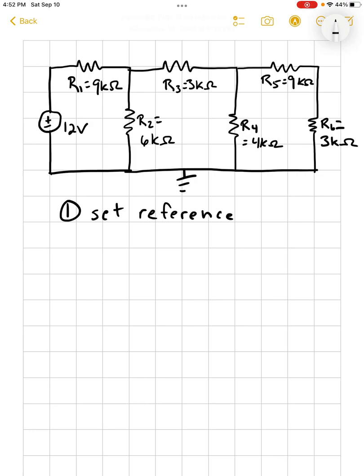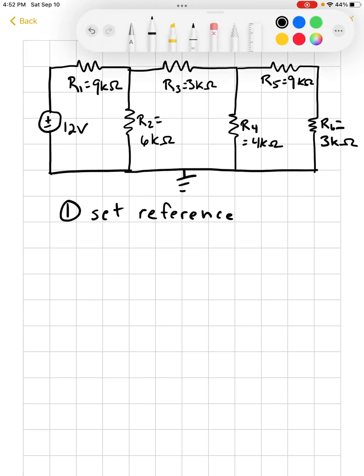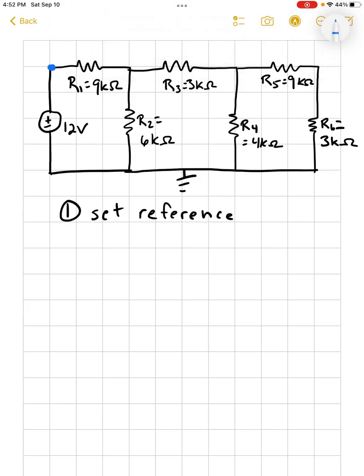Now I'm going to go through and name some parts of our circuit. The first thing is I'm going to name the nodes. I'm going to call this node A. This node is node B. This one is node C. This node is node D. And then we've got this one, and that's E. We know that VE has to be equal to 0 because that's our reference node.